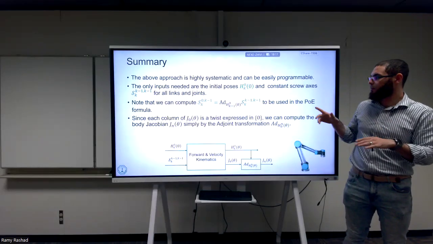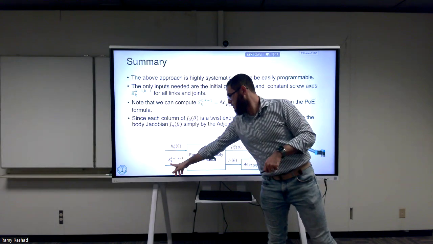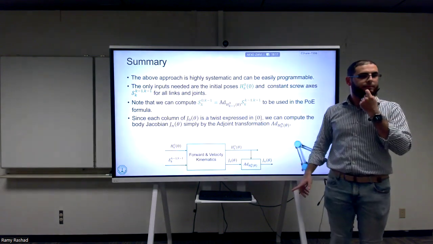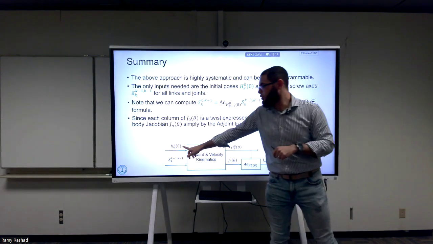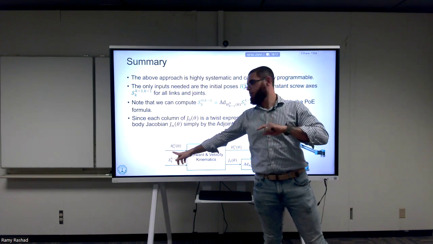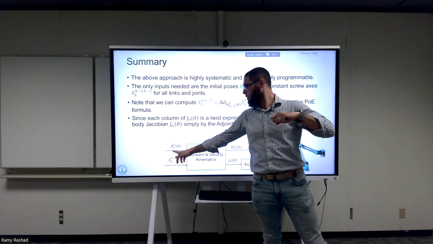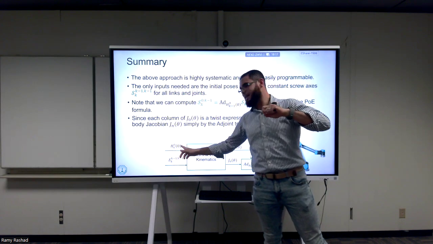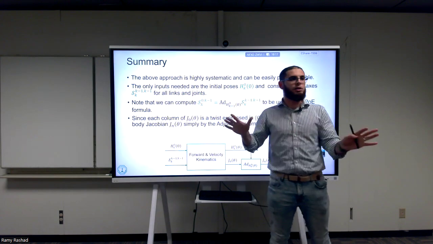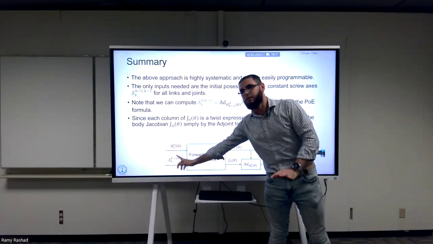But even better, the only thing I need to provide is the screw axis expressed in the k-1 frame only. That's it. And I also need to give extra information, which is the transformation between each one of these, the intermediate joint lengths, the joint frames in the 0 configuration, in the home configuration. This is the only information I need to provide, which is completely constant. You draw the robot in the home configuration, you identify all of these quantities.